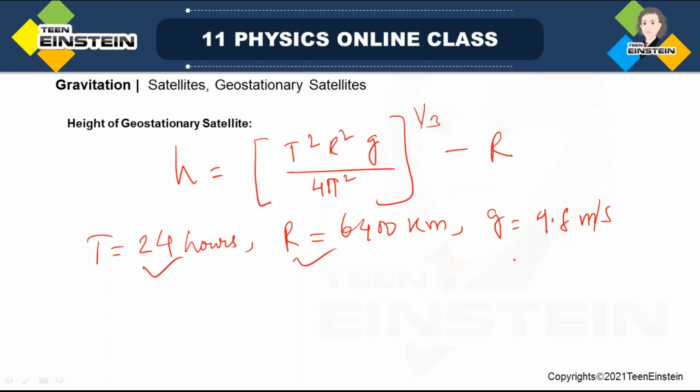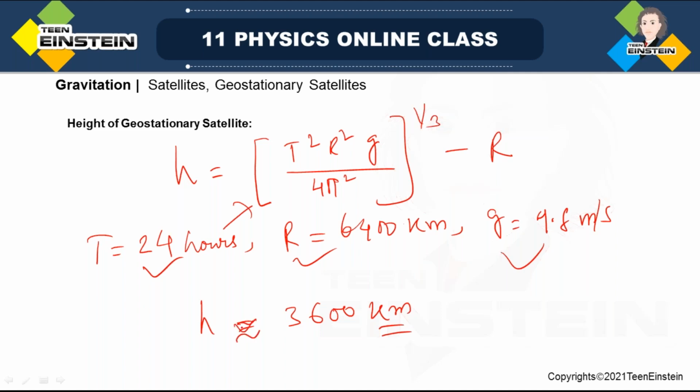So if we put all these values here, then we can estimate at what height a geostationary satellite should be revolving, at what height it could be placed. Look, if we put all these values, you know what you get? H is equal to 3600 kilometers. So this is what you will get.